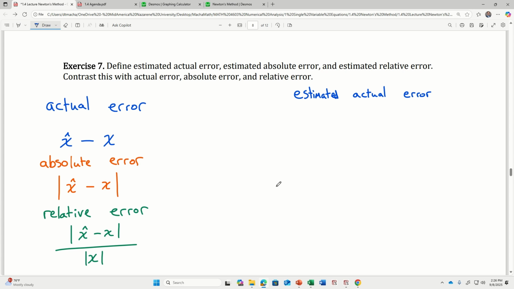But the problem is, if I knew what the real answer was, I wouldn't need to do this in the first place, right? We only do Newton's method when we don't know what the real answer is. So what do you do instead? We can estimate the actual error like this.